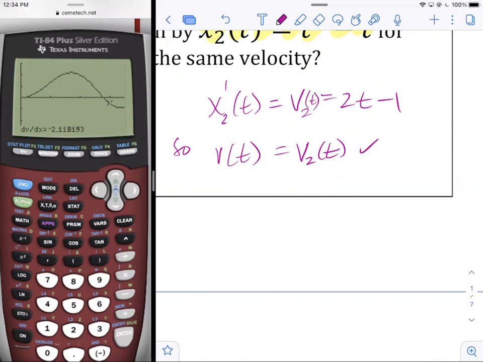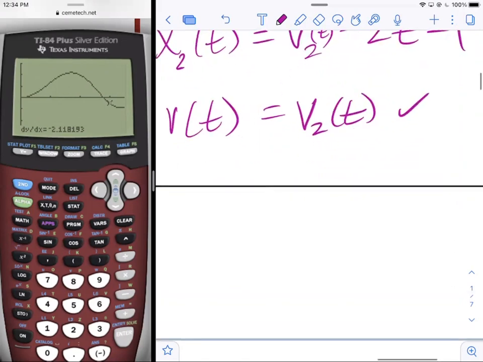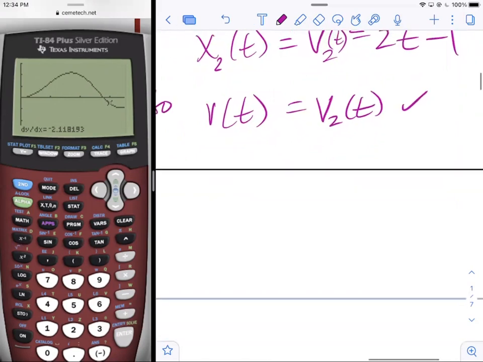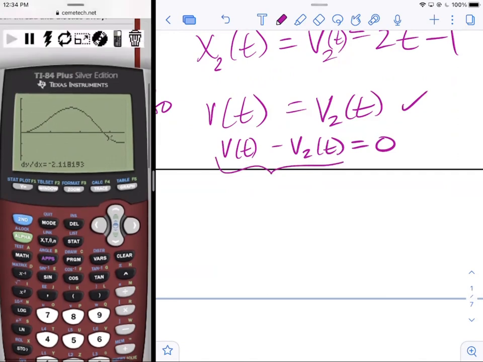So now what I would say is anytime you're trying to solve an equation, unless you know what the graphs look like, I would get everything on one side and set it equal to 0. So I would say v of t minus v sub 2 of t equals 0. And then I would put this into y1 or y2 or wherever, and then we already have 0 graphed.